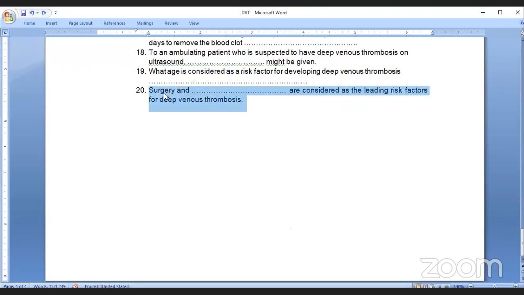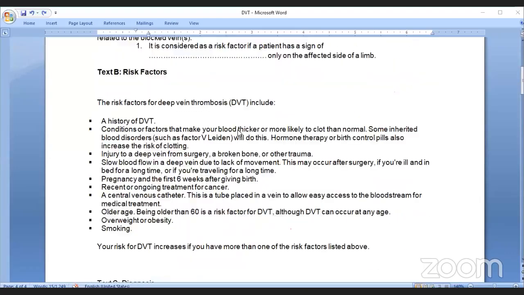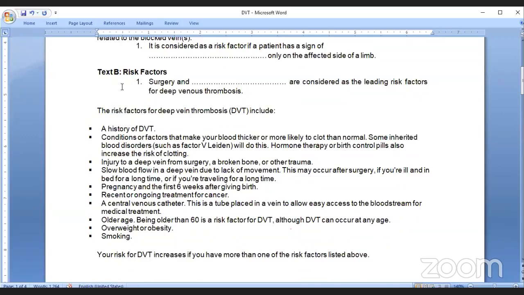So let us go to risk factors. So here are your risk factors and here is your question. Please try to find the answer. Write in the chat, please. Those who are watching us on Facebook, you can write your answers in the chat.